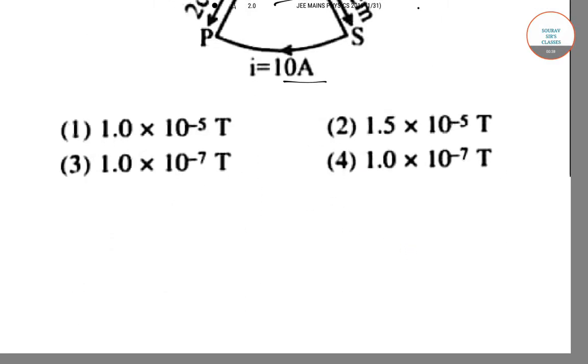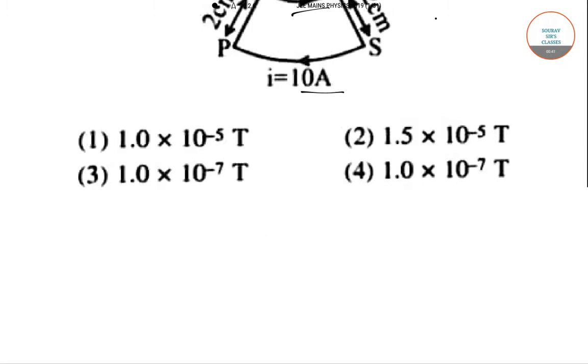If we draw this arc again, this is the arc and this arc is another.